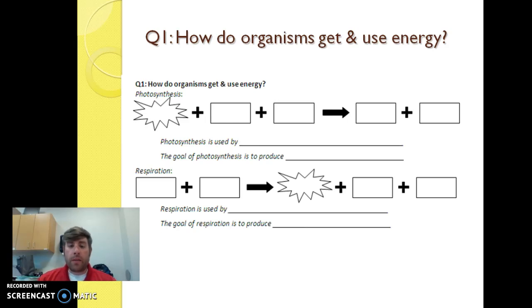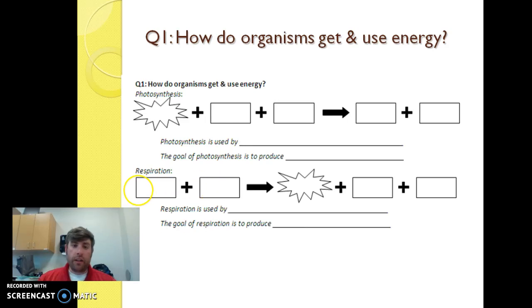But you forget in many cases that all living things use respiration, which means the plants that hopefully you identified in photosynthesis also use respiration. They need to use some of the energy that they are creating so that they can grow and go through their everyday functions. So all living things go through respiration, not just the animals that a lot of people think about.